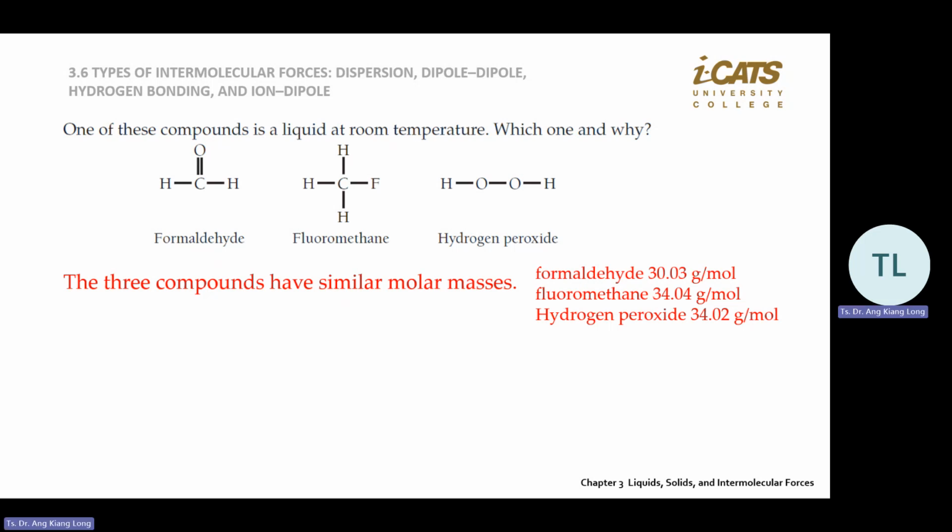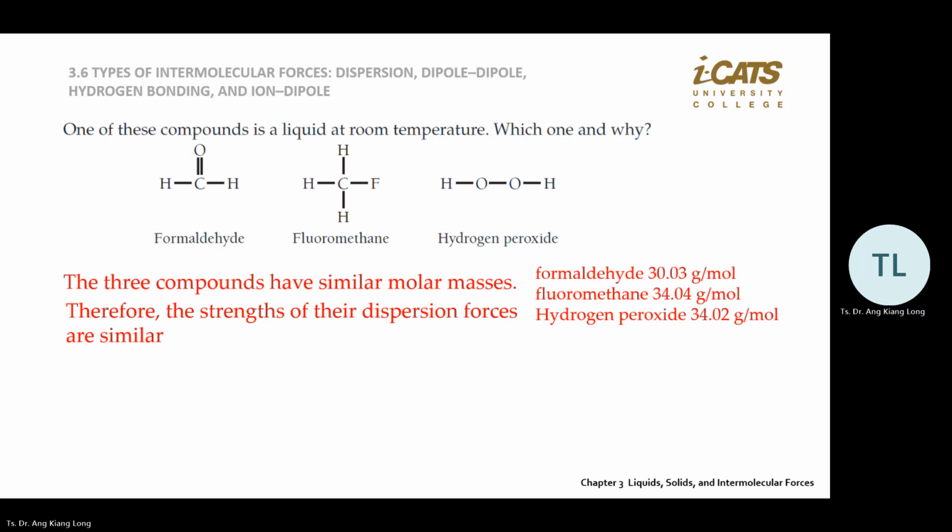Then for molar mass, you look at that, almost similar, right? So dispersion force is similar because dispersion force exists in almost all molecules, right? Look at molar mass. If it's similar, then dispersion force is similar.